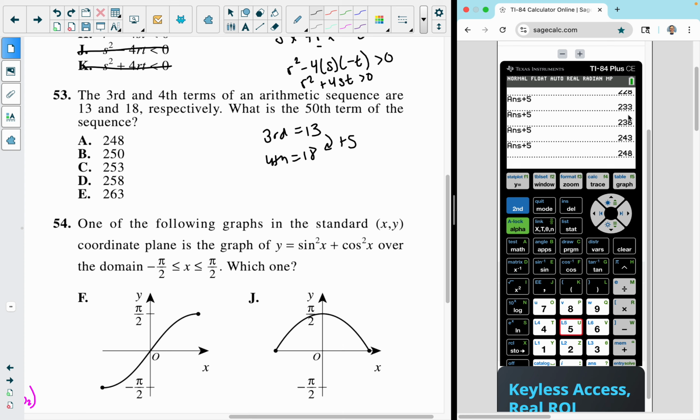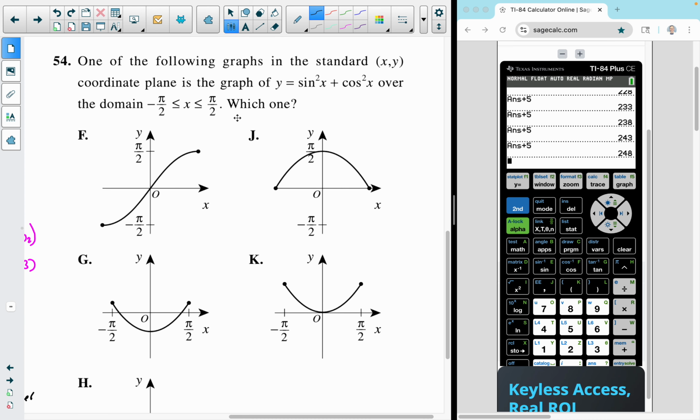You do have to be careful to make sure that you are watching it as it's going and paying attention that it is actually moving as you press enter. So the 50th term is A, 248. And that was just understanding that it's just adding and using the calculator.